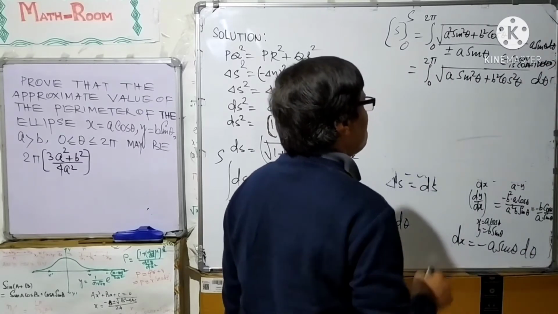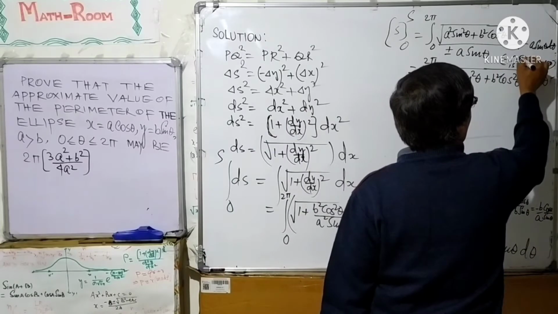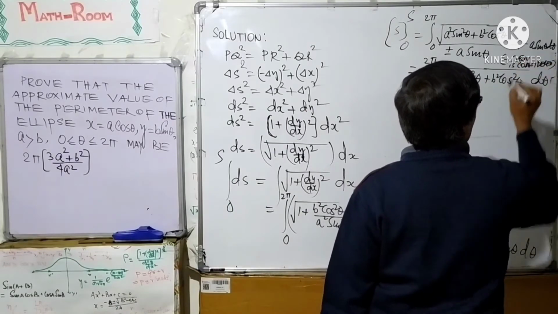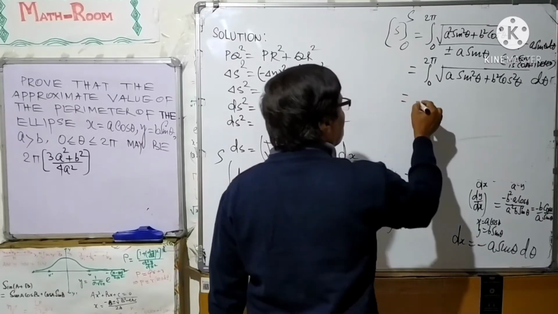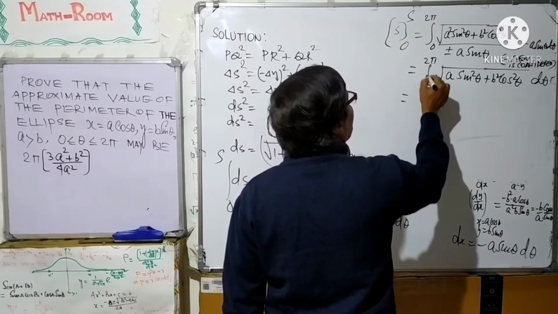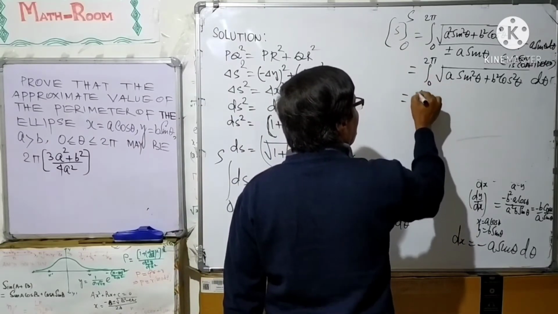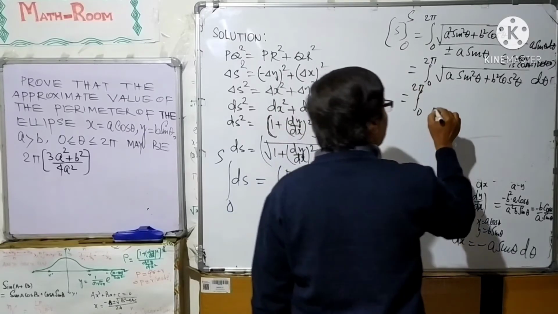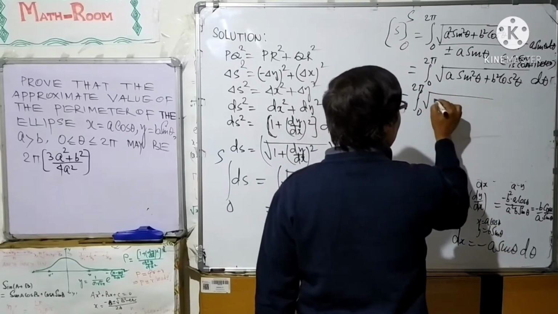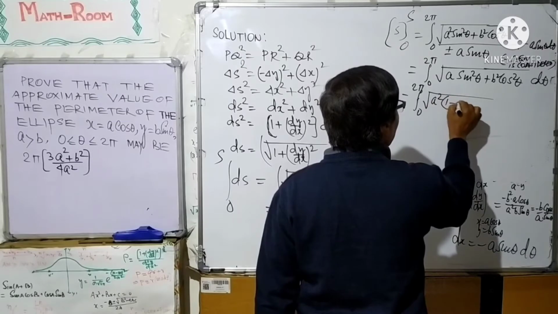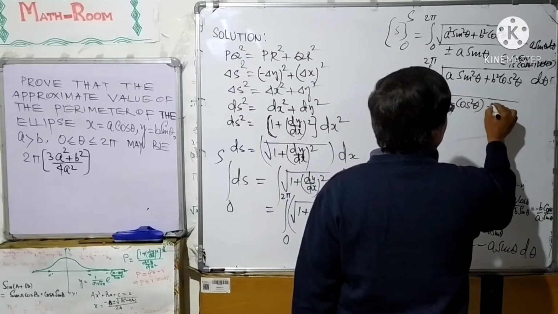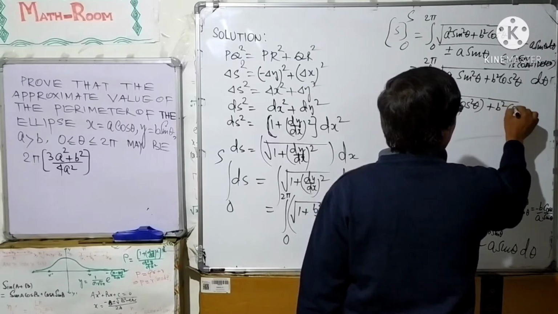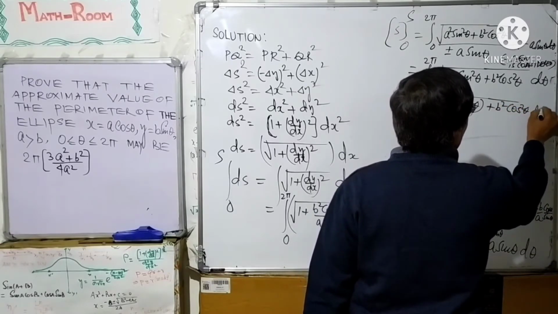This can be written as 0 to 2 pi root over of a square into 1 minus cos square theta plus b square cos square theta d theta.